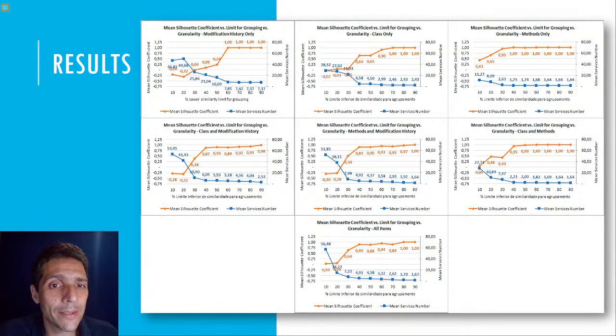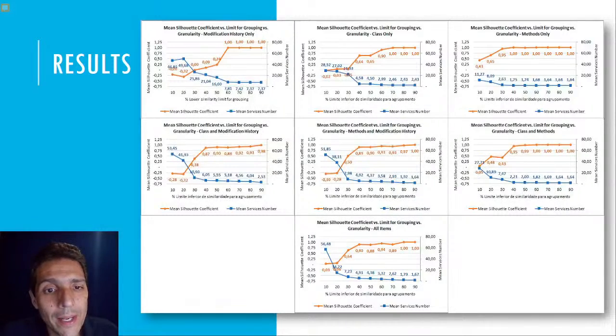Since our similarity is from 0 to 1, or from 0 to 100, you can see that above 60% of similarity, we have basically all silhouette coefficients above 90%.